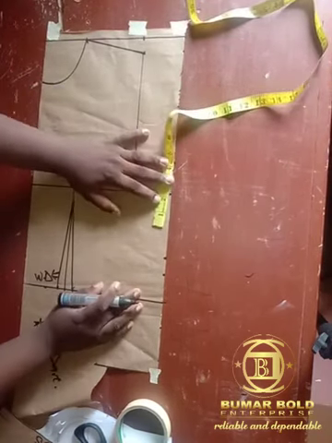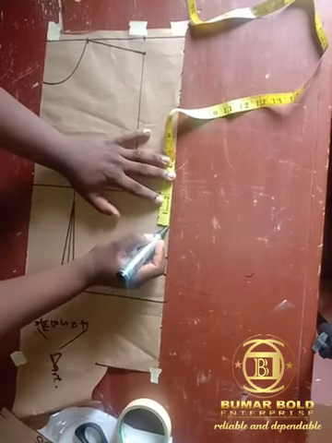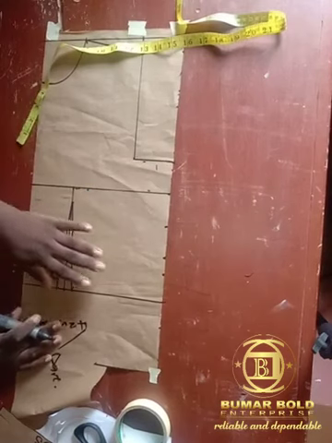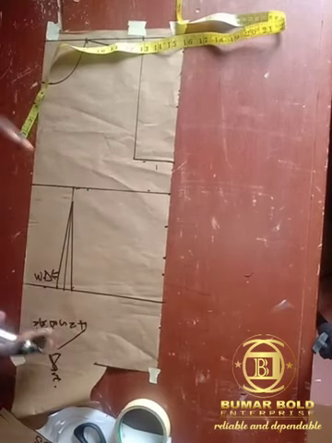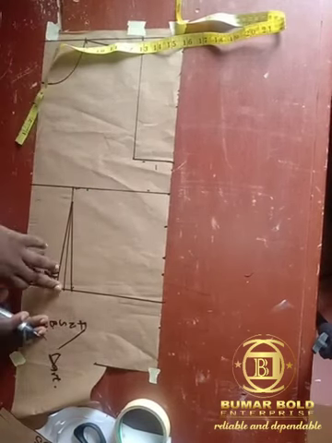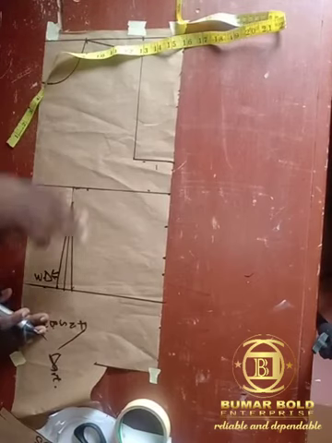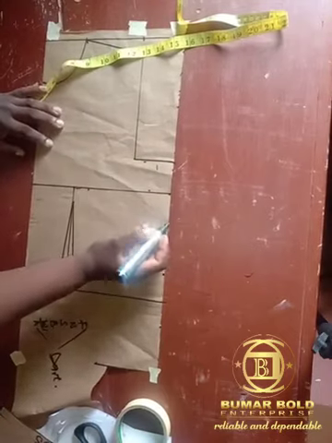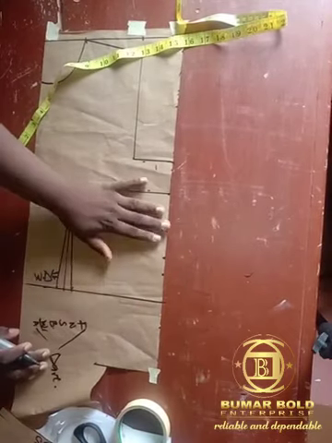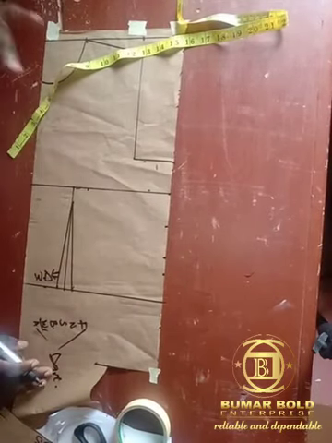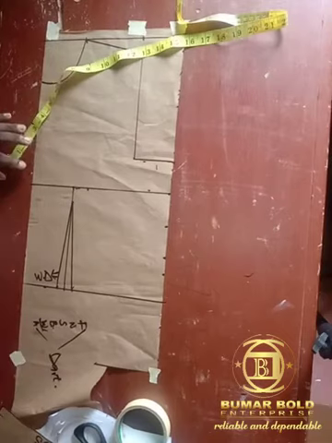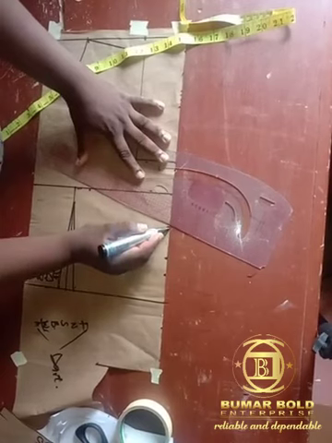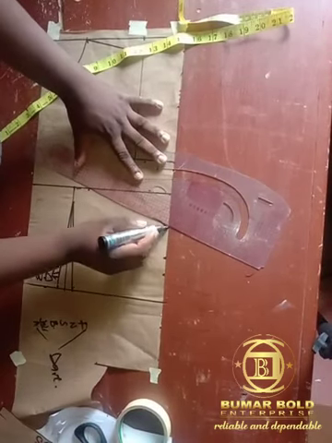Then you're going to come down by 2 inches, though the inches here depend on the distance between the front body's half length and the back body's half length. If the difference is 1.5, you mark 1.5 here. If the difference is 2 inches, you mark 2 inches here, just like the way I did in the basic pattern bodies. So all you have to do is connect this point to this point like so, to get the bust dart.